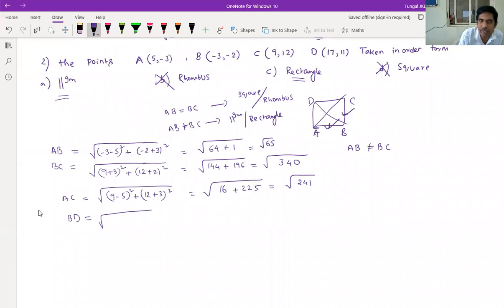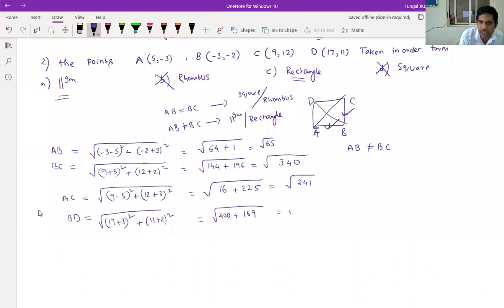BD distance, between B and D: (17 - (-3)) plus 3 whole square plus (11 - (-2)) plus 2 whole square. 17 plus 3 is 20, 20 square is 400. 11 plus 2 is 13, 13 square is 169.